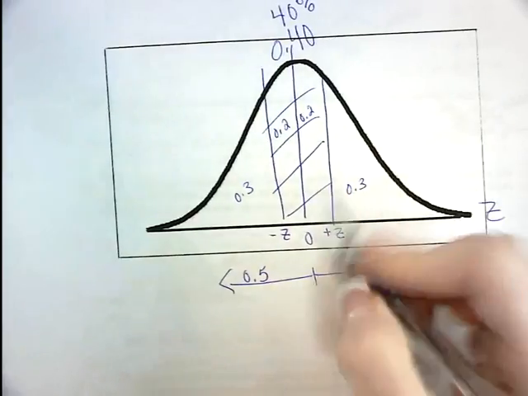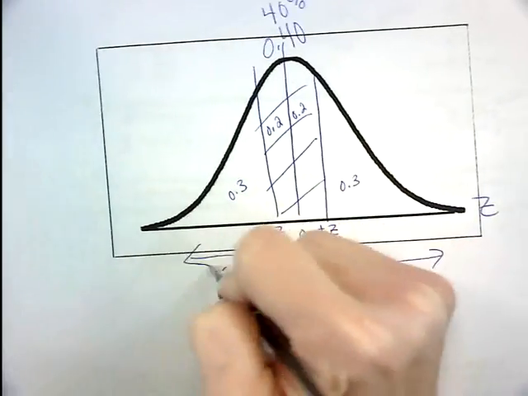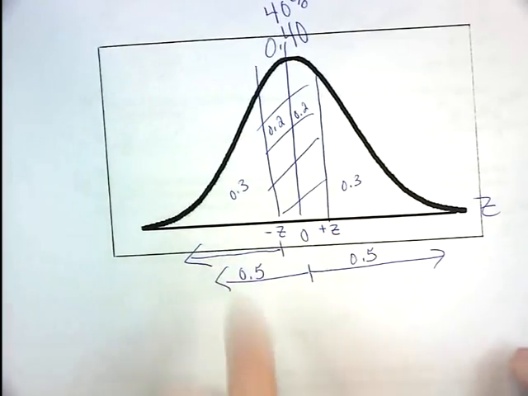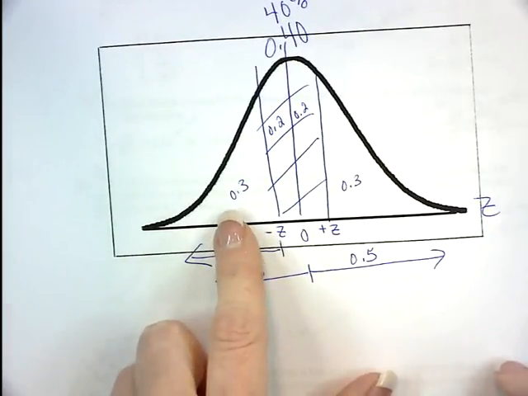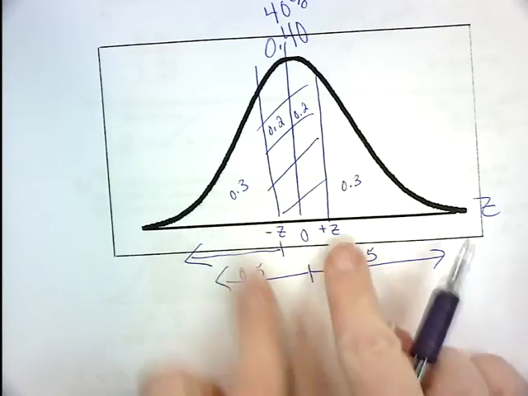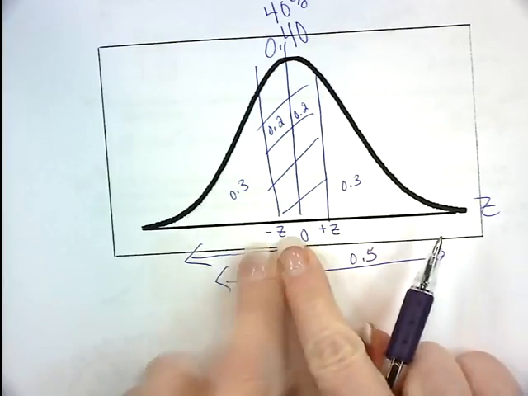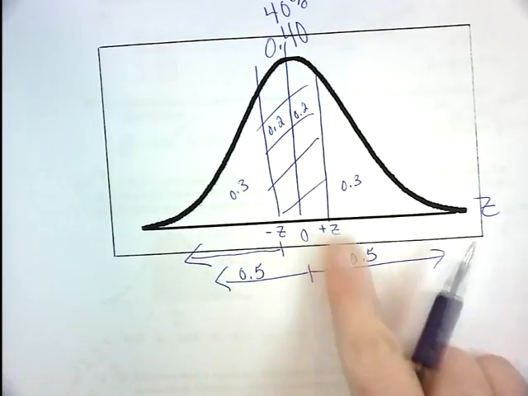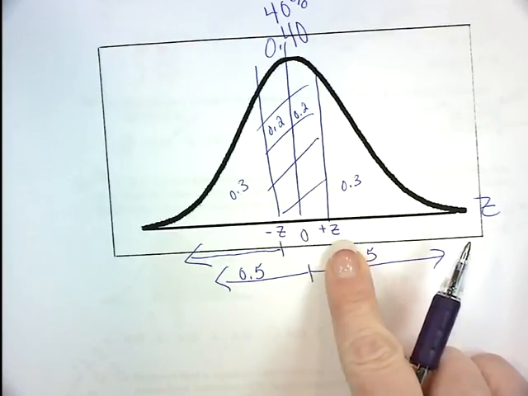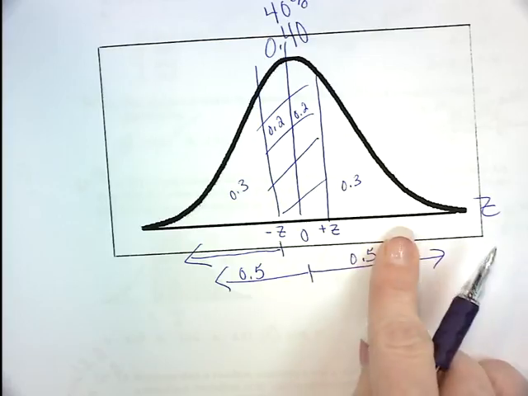The way the two-page z table works is I will look up the area below those unknown z's. So I'm either going to look up an area of 0.3 or an area of 0.7. The area below the negative z is 0.3. The area below the positive z is an area of 70% because there's 30% above it.